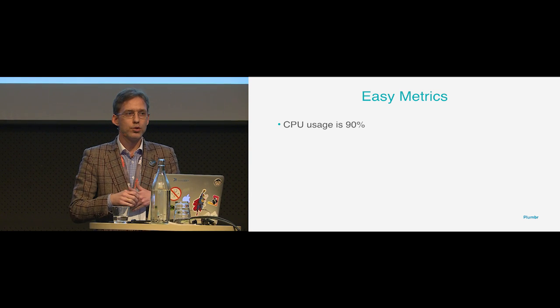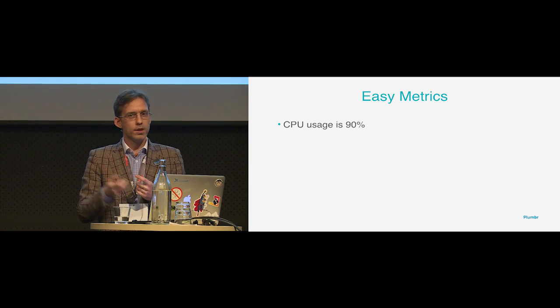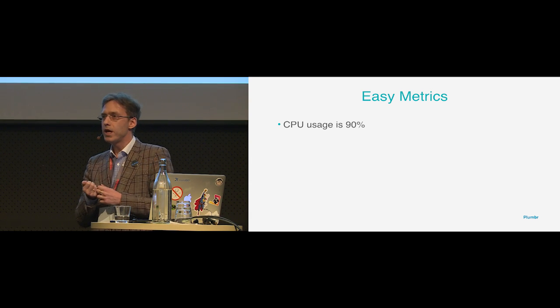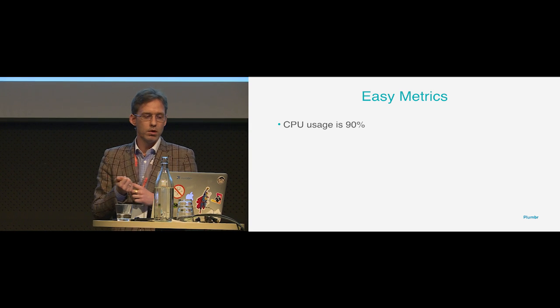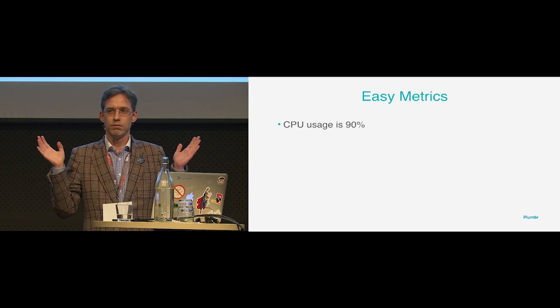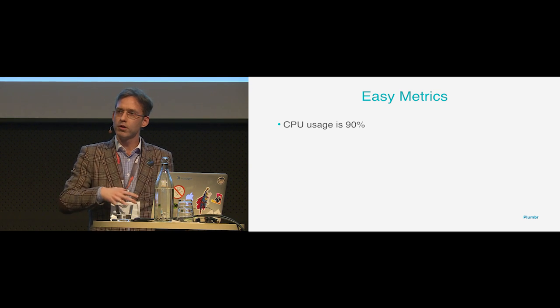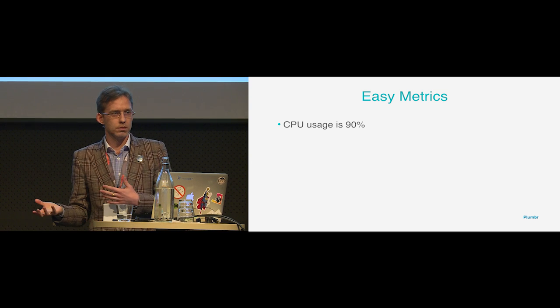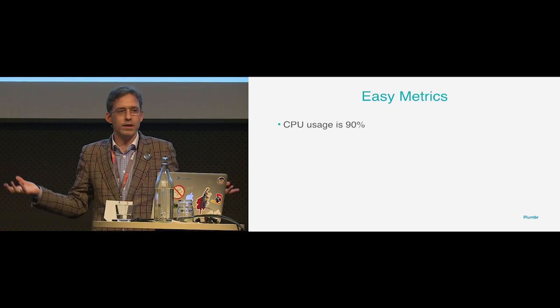Now imagine that you are a person on the pager, responsible for that production environment, and you get paged at 3 a.m. in the morning, your CPU usage is 95%. So what? Is it a good thing or is it a bad thing? No idea. It depends.